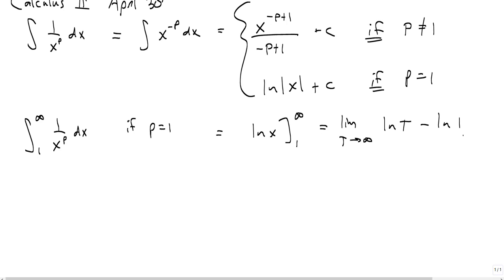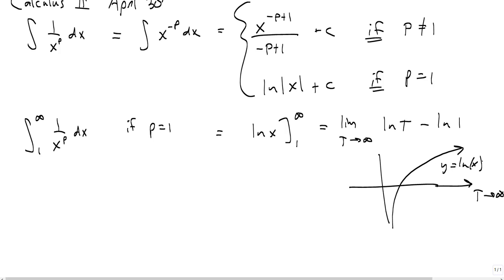Hopefully you have a mental picture of y equals ln of x. As t goes to infinity, this also goes to infinity, so this goes to infinity minus 0. It's infinity, so we say it diverges. It doesn't work if p is 1.